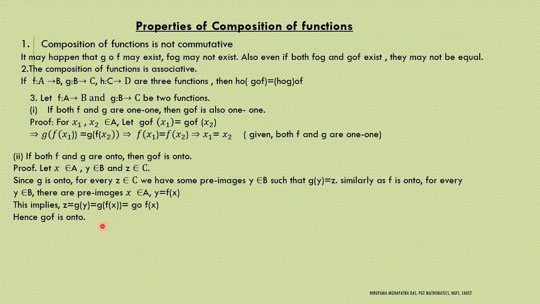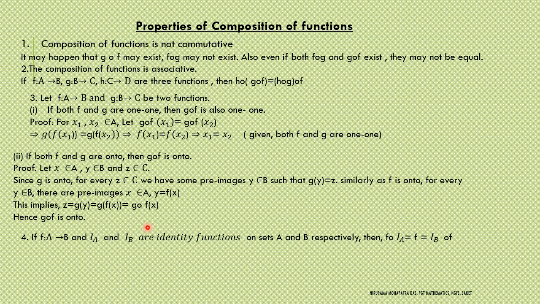Okay, so it means z equal to g of f(x), meaning for every z belonging to C, we have preimages in A, right? So it means g of f is onto. So composition of two onto functions is onto.